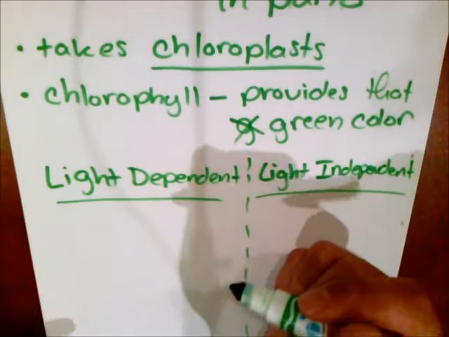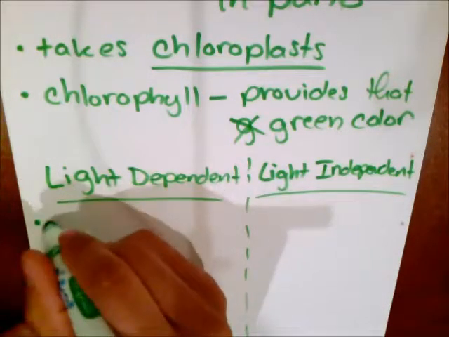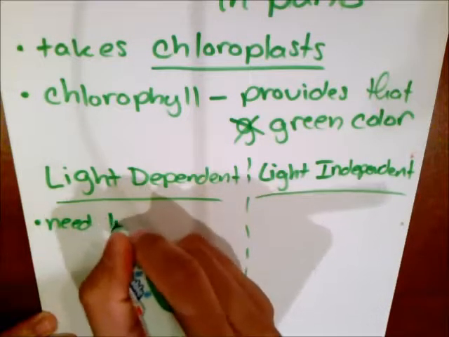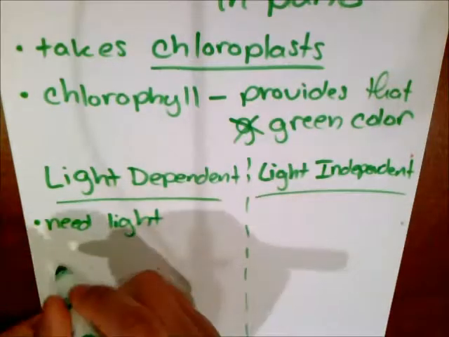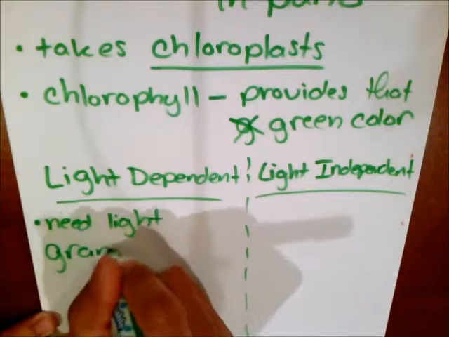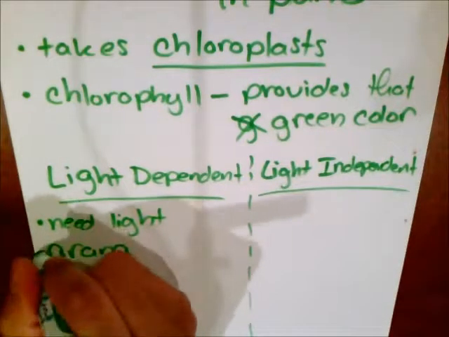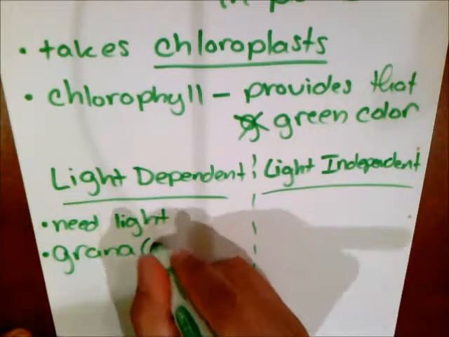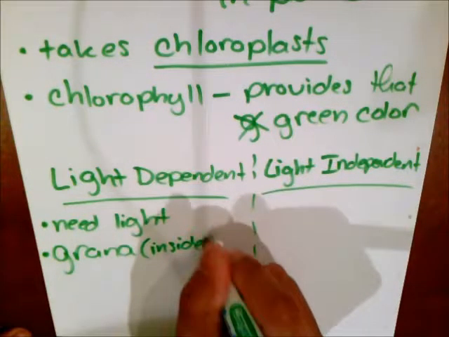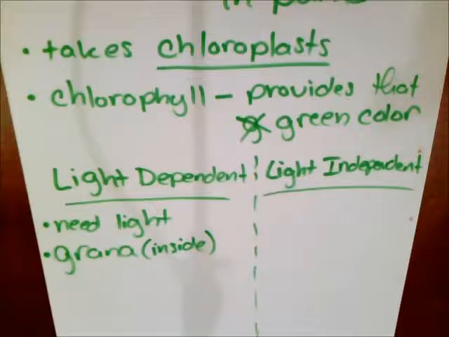Alright, so these require light, obviously. And they take place in something called the grana of a chloroplast. So inside of these grana. Okay, and these grana look kind of funny in chloroplasts. I can't remember if I drew them before, but you saw all these little discs and whatnot inside the chloroplast.